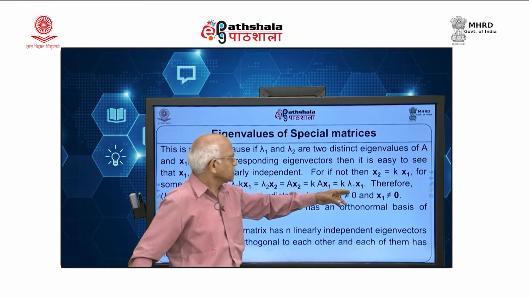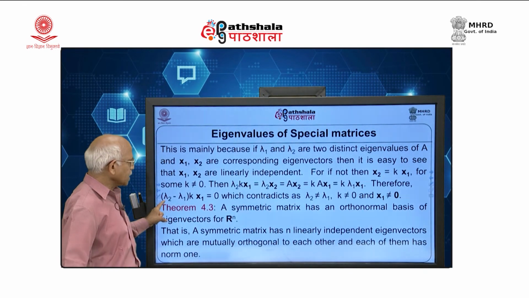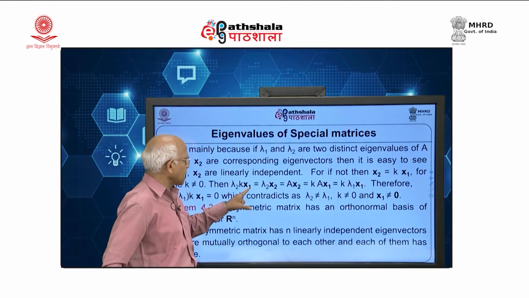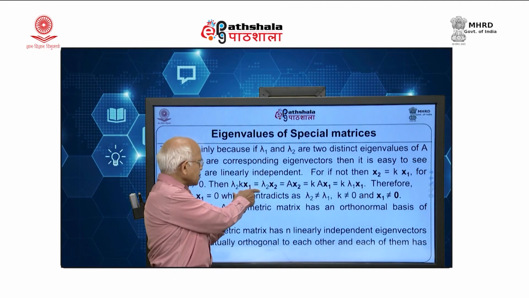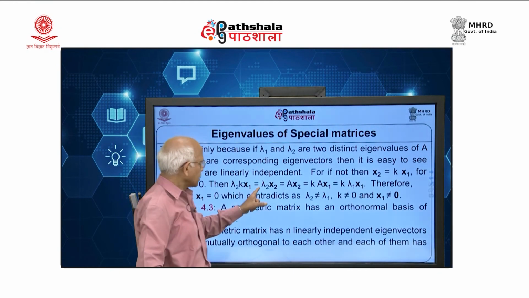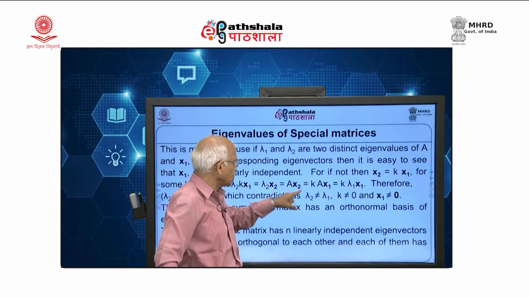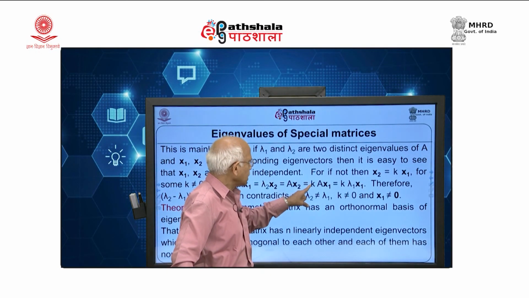Suppose they are not, then x2 bar will be a multiple of x1 bar, and therefore, we will get here, for some k not equal to 0, lambda2 into k x1 bar will be the same as lambda2 x2 bar, because k x1 bar is x2 bar. But A x2 bar is lambda2 x2 bar, because it is an eigenvector corresponding to lambda2, and again I will write k x2 bar, I can write it as k x1 bar.